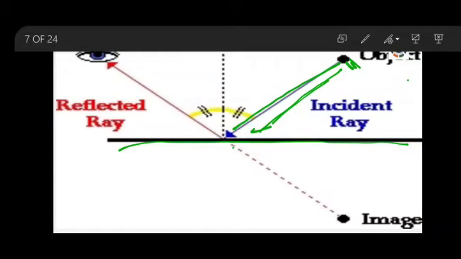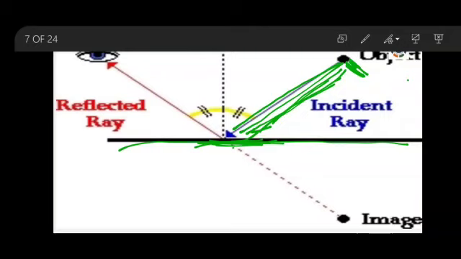Mirror has a reflecting surface, as we already know. So the light ray which comes from the light source hits the reflecting surface of the mirror. This ray is known as the incident ray.